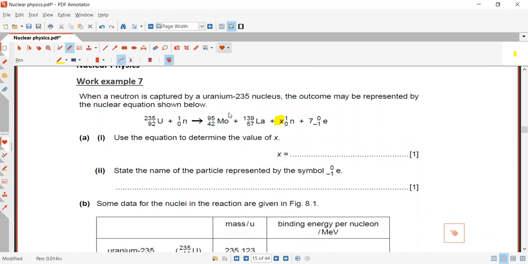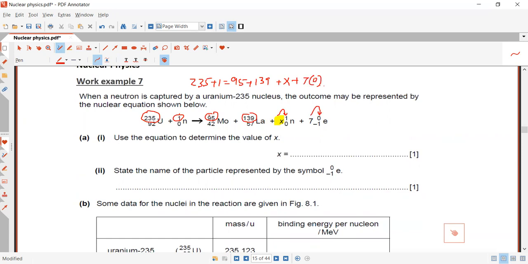So students, we know the atomic numbers and mass numbers must be the same on both sides. Let's write them down. On the left side we have 235 and 1, so 235 plus 1. What about the right side? 95 plus 139 plus x, because this x is 1x plus 7 times 0, right?